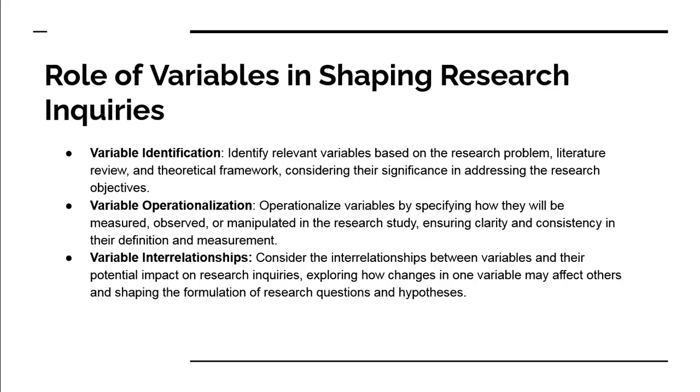Optimization: optimize variables by specifying how they will be measured, observed, or manipulated in the research study, ensuring clarity and consistency in their definition and measurement. Variable interrelationships: consider the interrelationship between variables and their potential impact on research inquiries, exploring how changes in one variable may affect other variables and shaping the formulation of research questions and hypotheses.